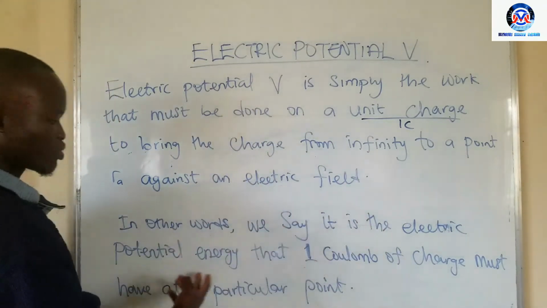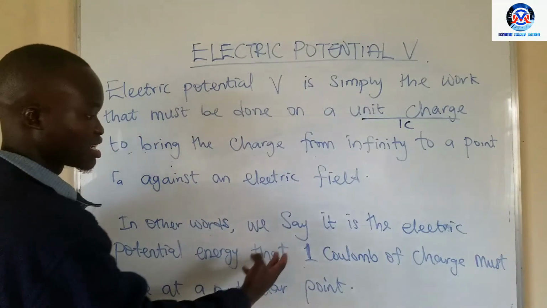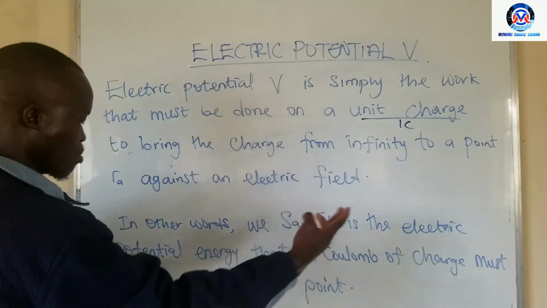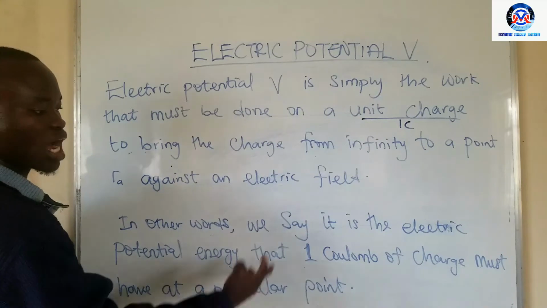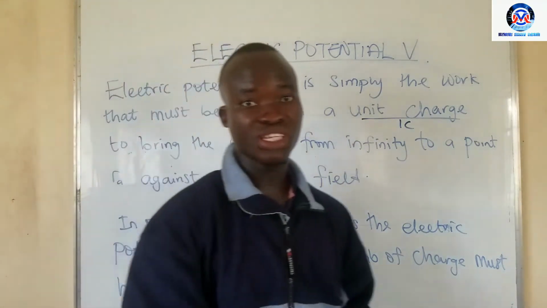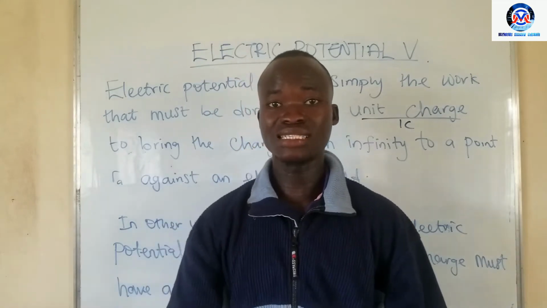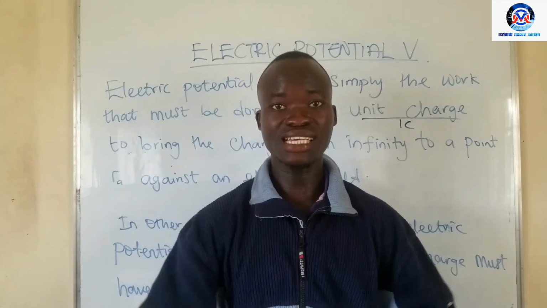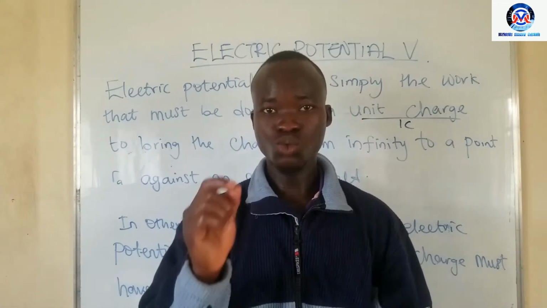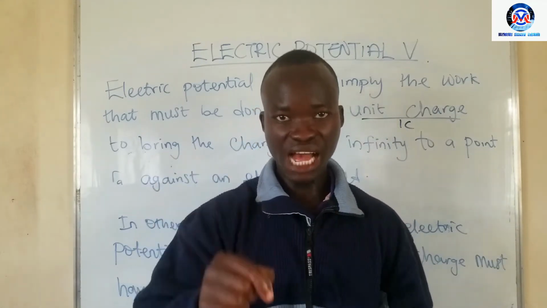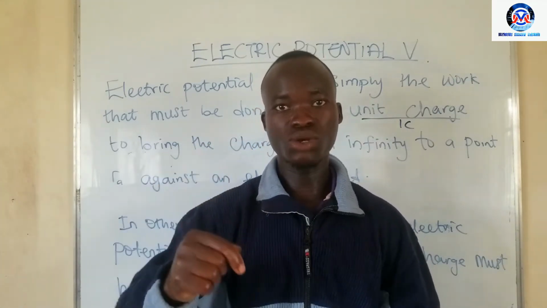In other words, from this definition, we can see that it is the electric potential energy that one coulomb of charge must have at a particular point. The electric potential V at a point is also seen as the electric potential energy that one coulomb of charge must have at a particular point.